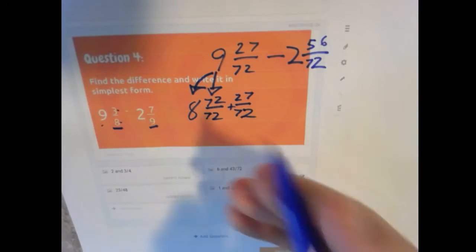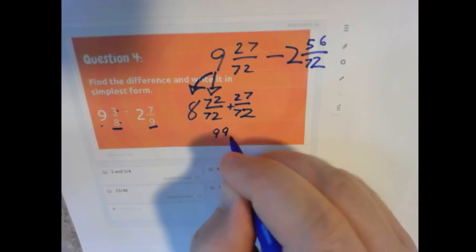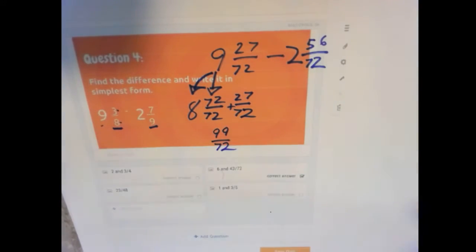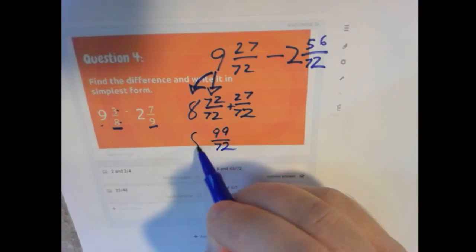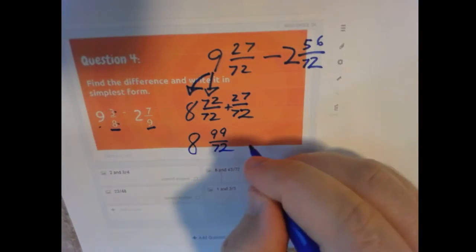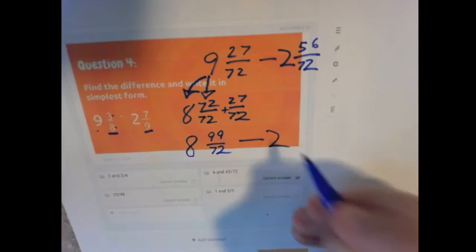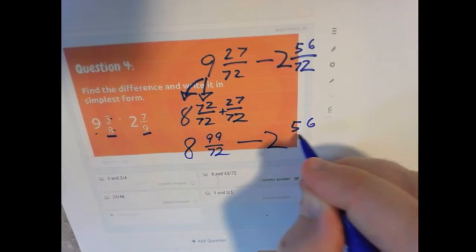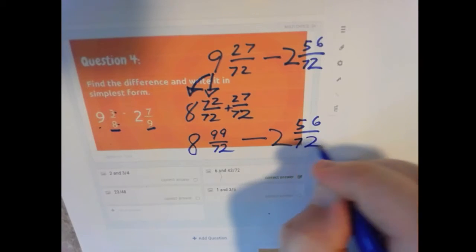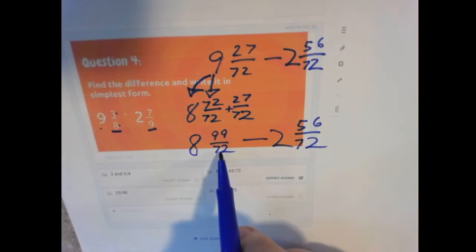If I put those together, we'll get 99 over 72 and these 8 unopened pizzas minus, now I'll just copy down this right half of the problem. Okay, so 99, right? Matching denominators, so we can do this.